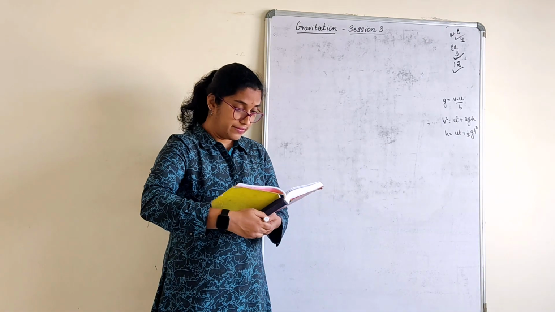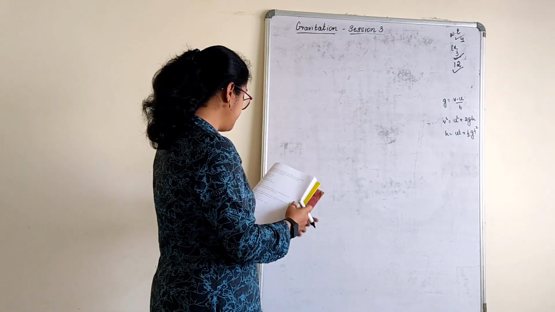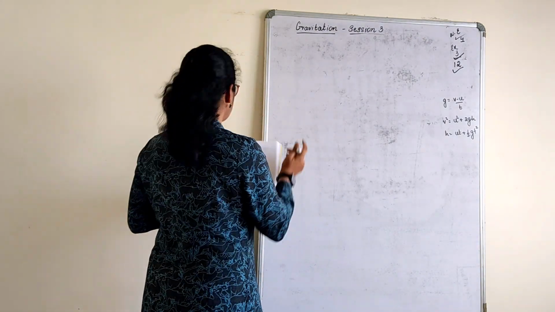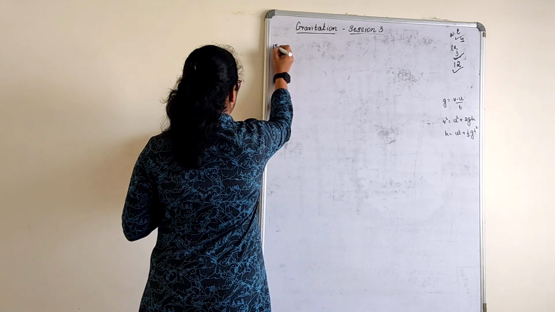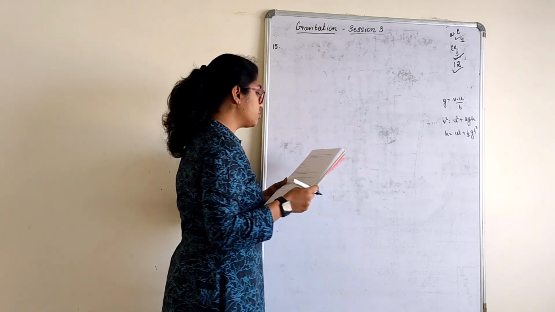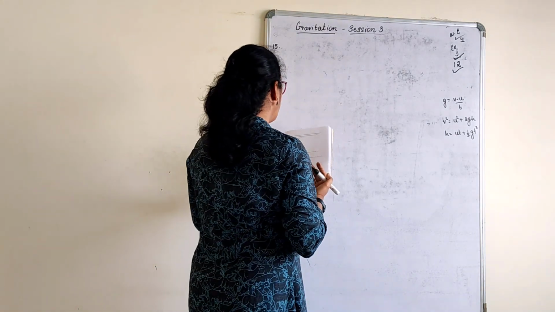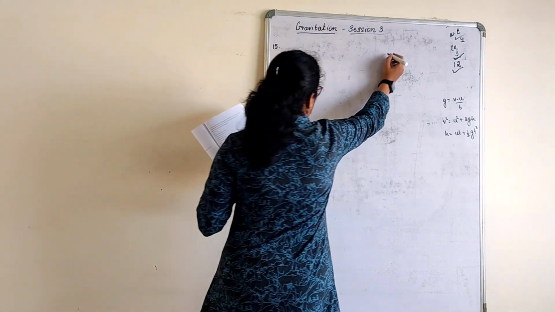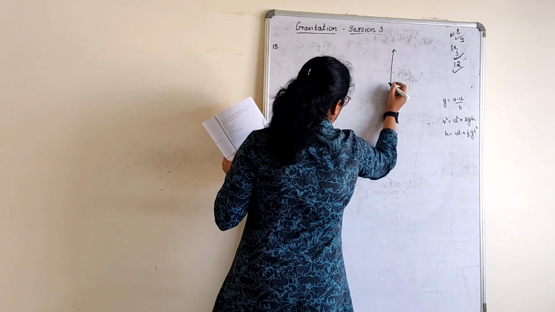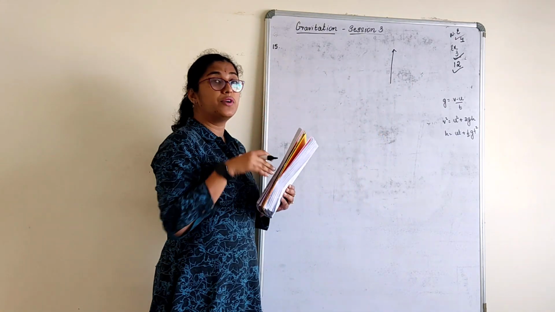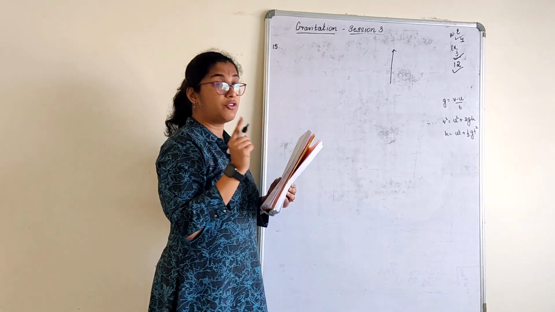So the next sum we will start now, the 15th one. A stone is thrown vertically upward with an initial velocity of 40 meters per second. Whenever it is downward or upward, please make a note, it is easy for you to calculate.